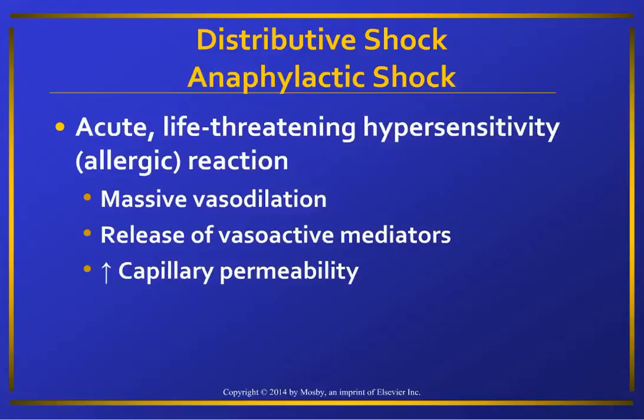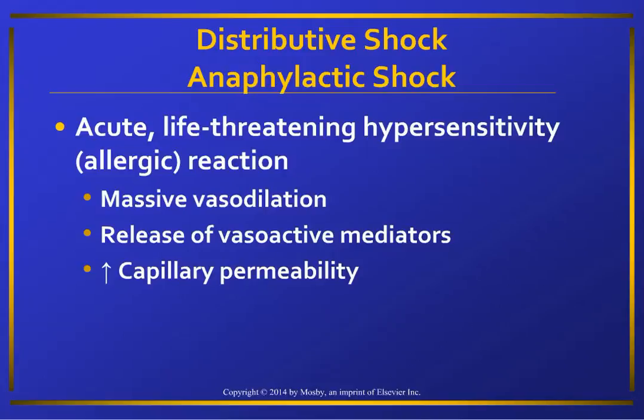Another kind of distributive shock is anaphylactic shock. Anaphylactic shock is an acute, life-threatening hypersensitivity or allergic reaction with massive vasodilation, release of vasoactive mediators, and increased capillary permeability. Anaphylactic shock is a hypersensitivity reaction to a sensitizing substance, whether a drug, chemical, vaccine, food, or insect venom.